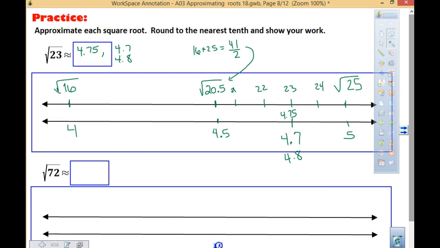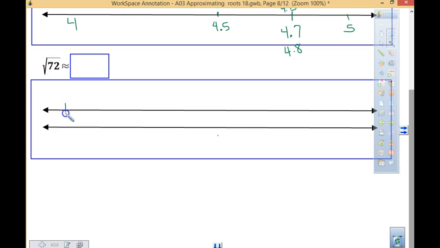72. I want you to start by telling me, and if you need to look back at page 2, what perfect squares 72 is between. What two perfect squares? So you might be looking at page 2, right? Okay?